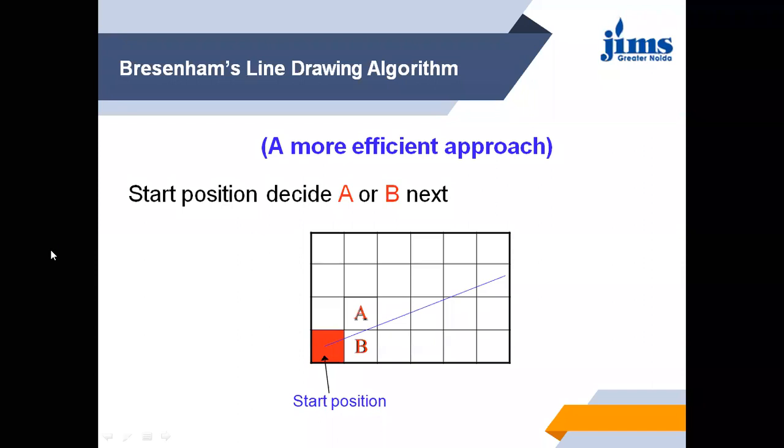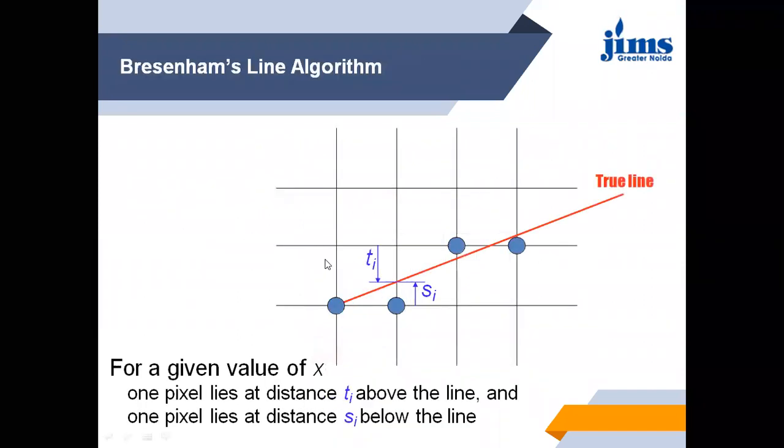So suppose this is our line, this is the coordinate system, and this is the value of the next y coordinate. Sorry, this is the value of y.